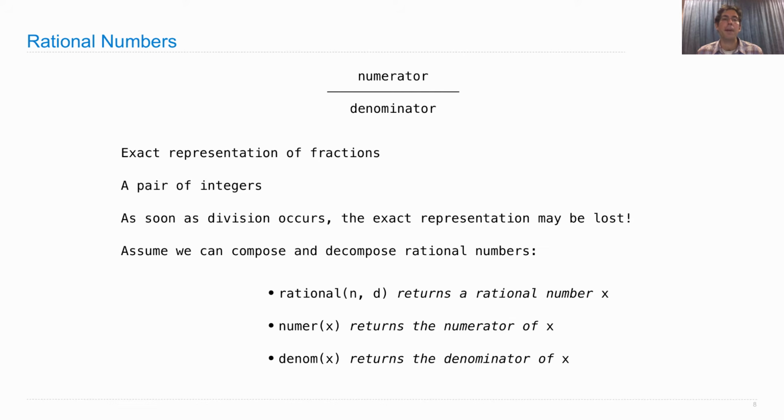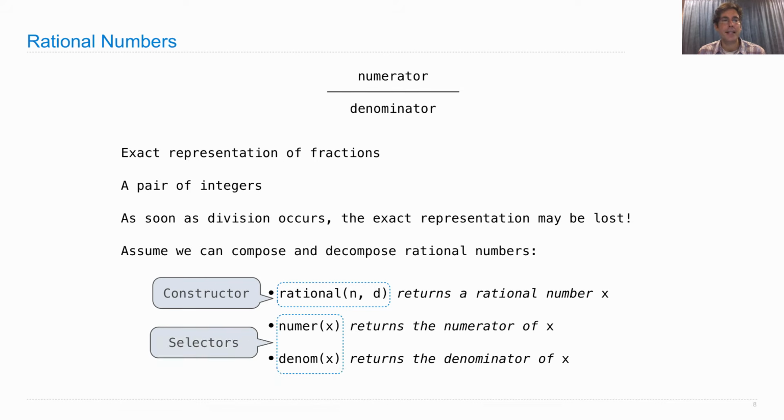So we have a way of combining together a numerator and a denominator, and then we have a way of selecting those two parts. This is called a constructor. It builds a new value, which is an instance of an abstract data type. And then these are selectors, which are the functions that get back those parts of the whole rational number.